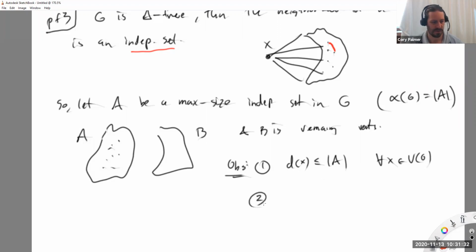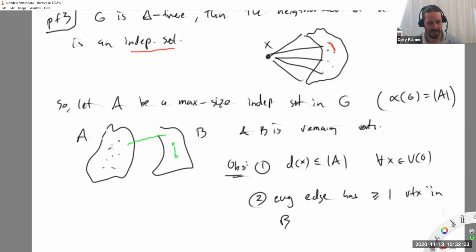That's the first observation. The second observation is that every edge has at least one vertex in B. That's by the same reason. Every single edge in the graph is either inside of B or goes across from B. There are no edges inside of A because it's an independent set.